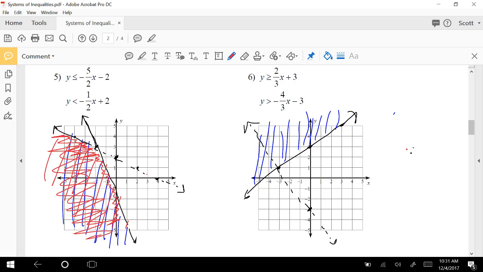Then y is going to be greater than that, so it's going to be going straight up from there. And we can see that it overlaps in this area. Erase the rest of that. We're good.